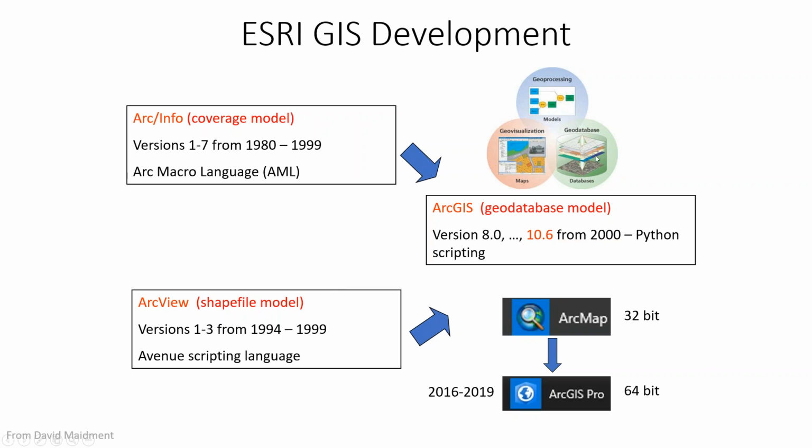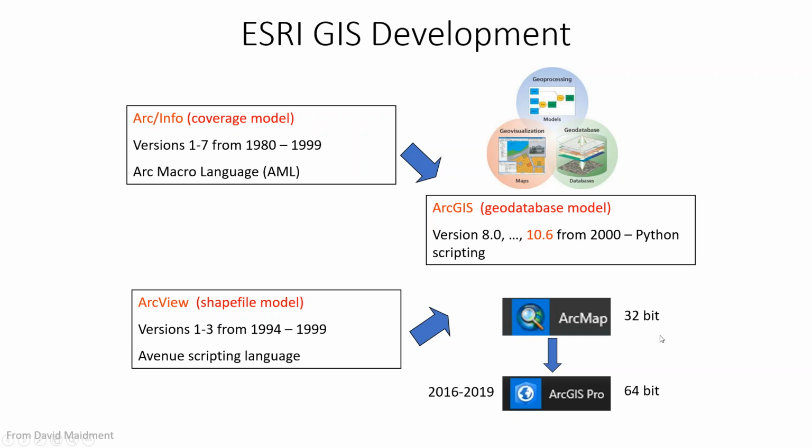Then came ArcGIS, which tried to combine those concepts and become a bit more user-friendly, and there were versions from 8 to 10. That's manifested by the ArcMap software that really introduced geovisualization, the geodatabase, and geoprocessing as separate components.